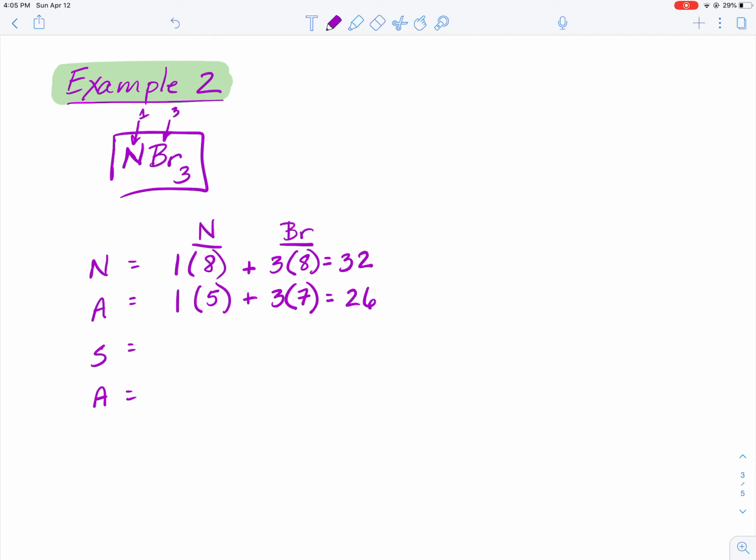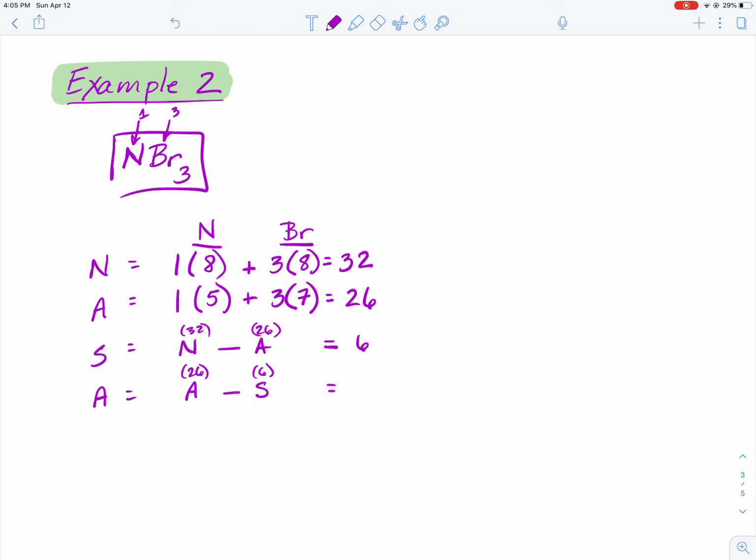And remember, to calculate our shared or S row, we do N minus A. That'll be 32 minus 26, which will give us 6 electrons. Then we move down and do your last row. To calculate that, we'll use our available minus our shared, which is 26 minus 6.